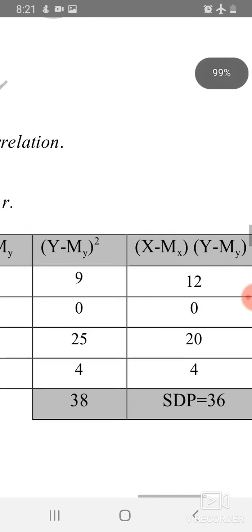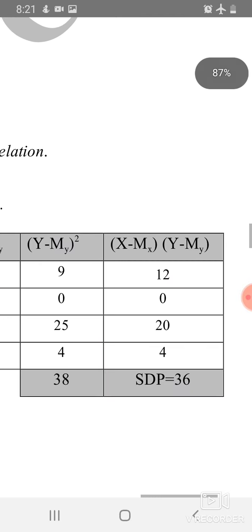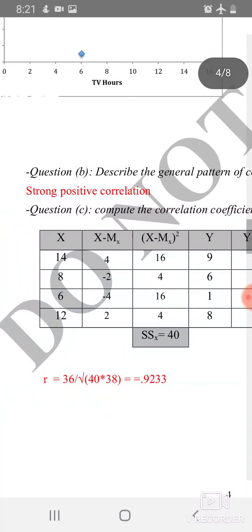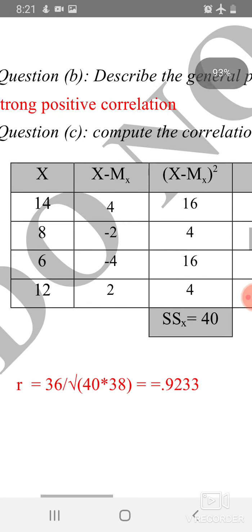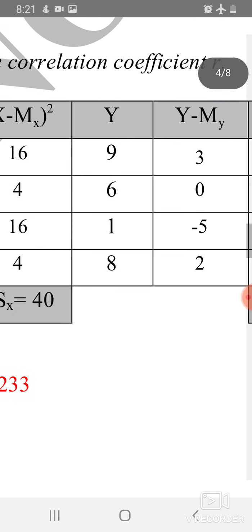Now, when you get all these values, you add them up, and you get the sum of the deviation product score. That is 36. Now, all you do to get R is you take SDP, which is 36, and you divide it by the square root of SSX times SSY.